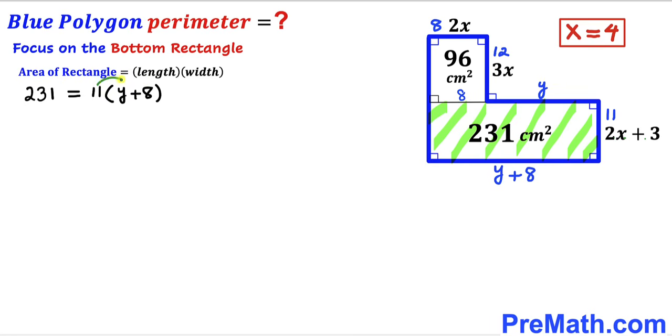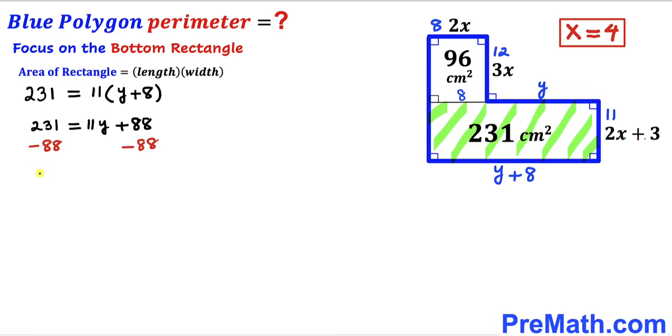Now we are going to distribute 11. So we have 231 equals 11 times y plus 88. Now I am going to subtract 88 from both sides.